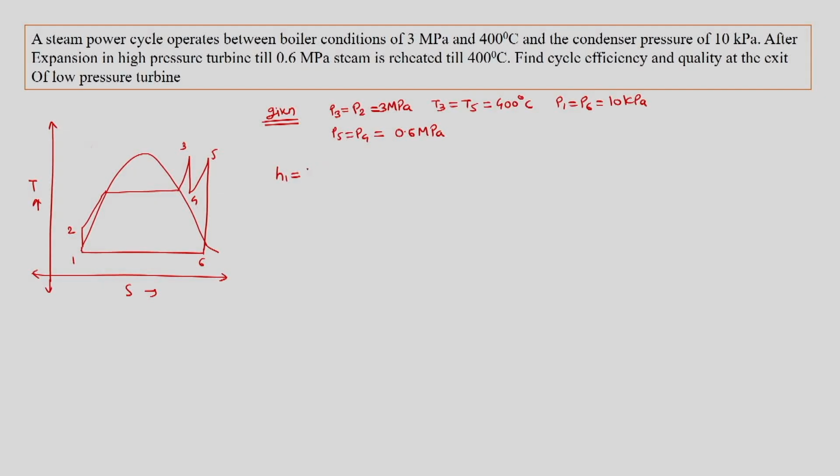H1 can be known corresponding to 10 kilopascal, which is 191.83 kilojoule per kg.